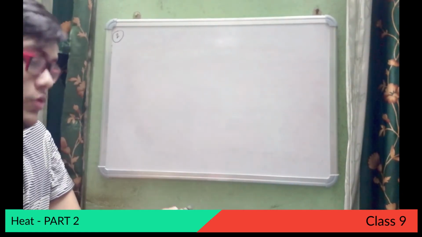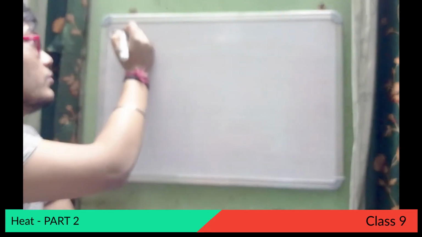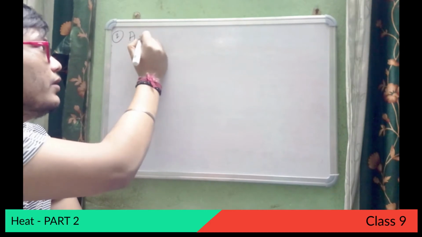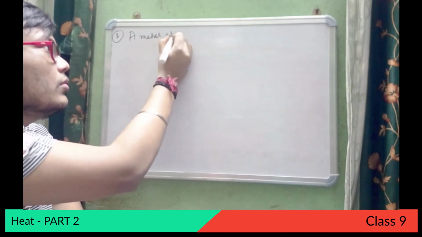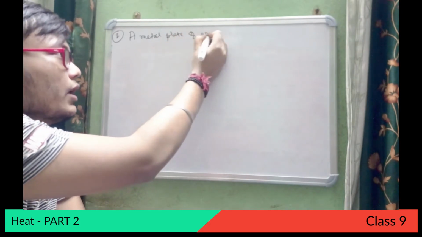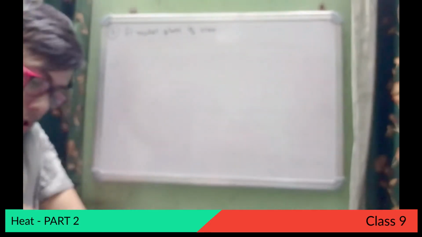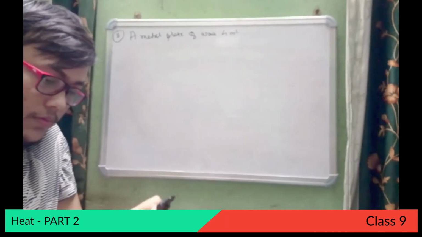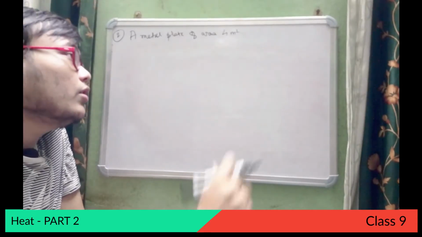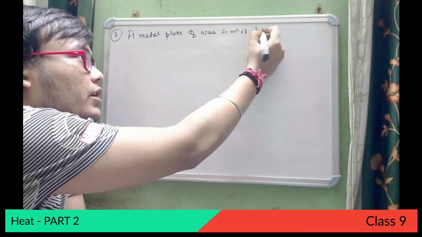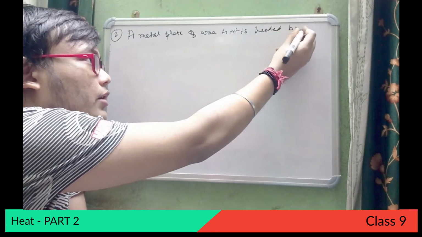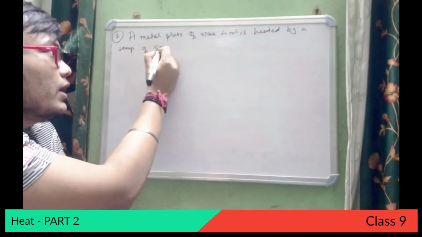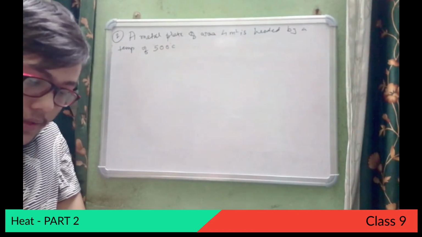Numerical 2 says that a metal plate of area 4 meters square is heated by a temperature of 500 degrees Celsius.